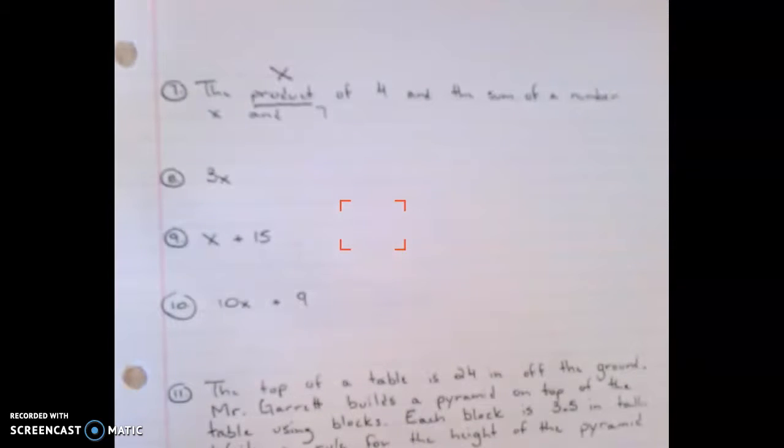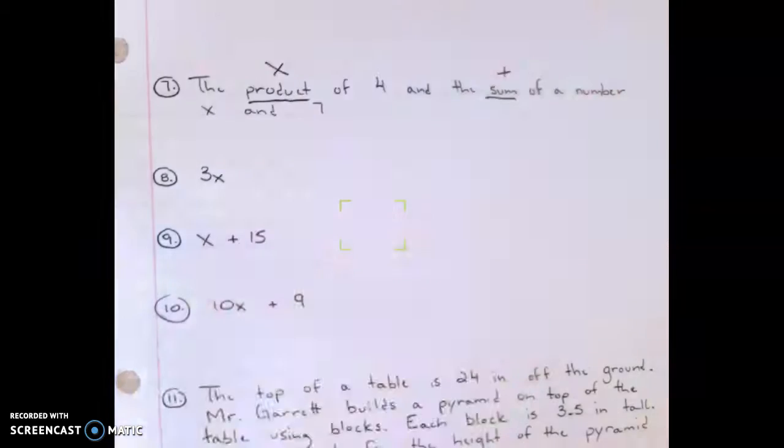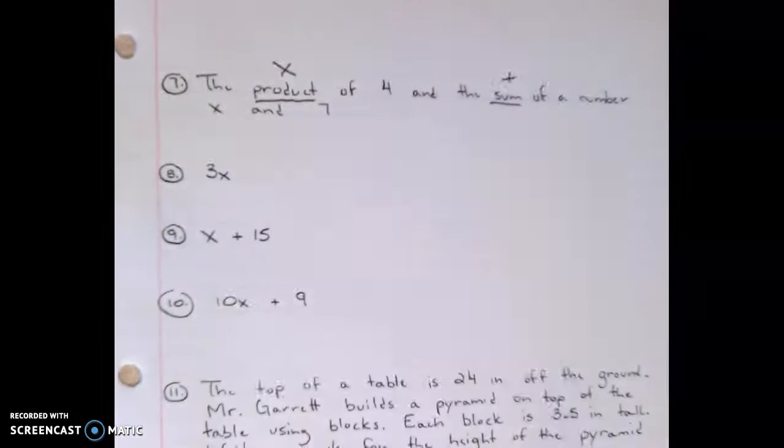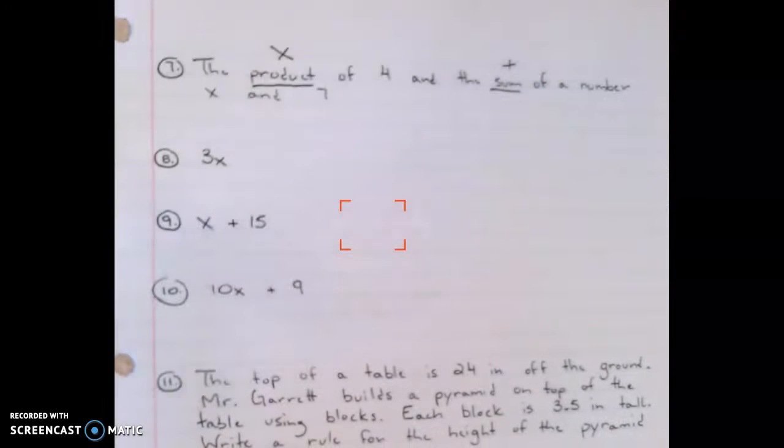We have sum, that refers to addition. And I apologize for some of the blurriness on the screen. Let's see if it sets itself back here. There we go. It's kind of zooming itself back in.